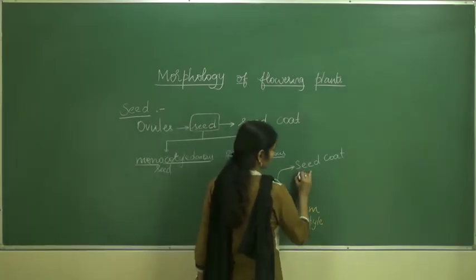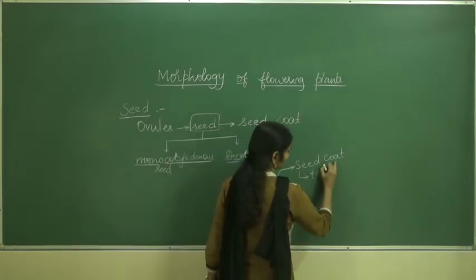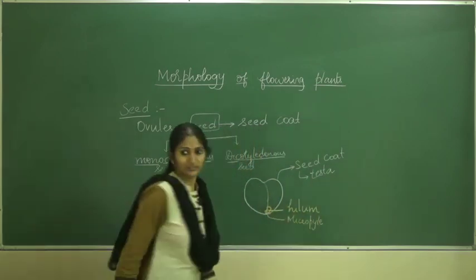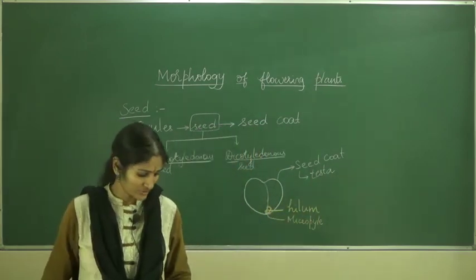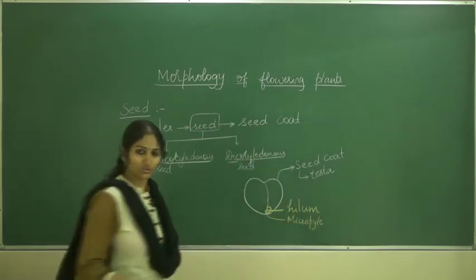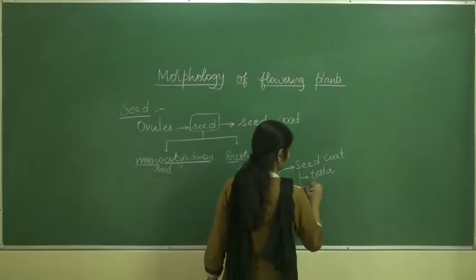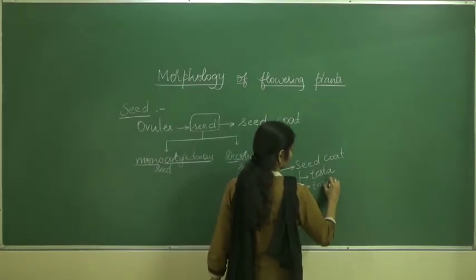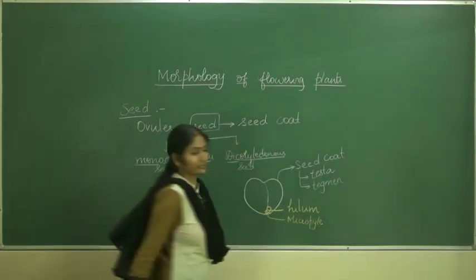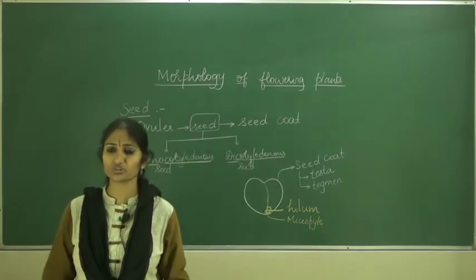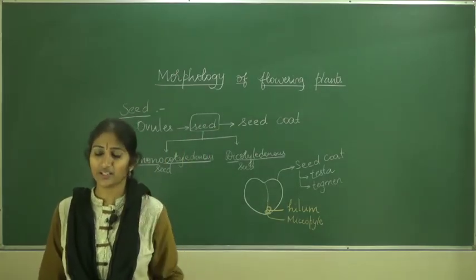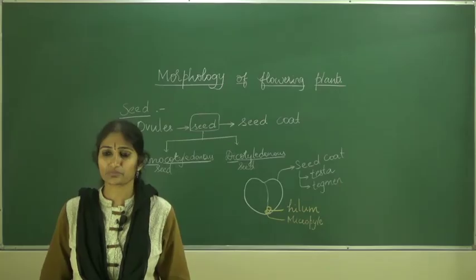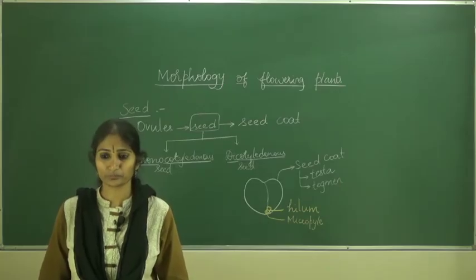The outer one is called the testa, the outermost coat, and the inner one is called the tegmen. So we have two seed coats, testa and tegmen.